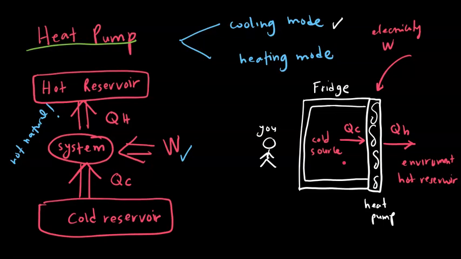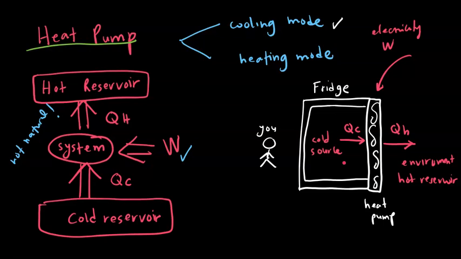So this becomes our hot reservoir, and the fridge is our cold source or our cold reservoir. And the work supplied to the heat pump is actually the electricity that you pay for to run your fridge. Okay, so this is the cooling mode.